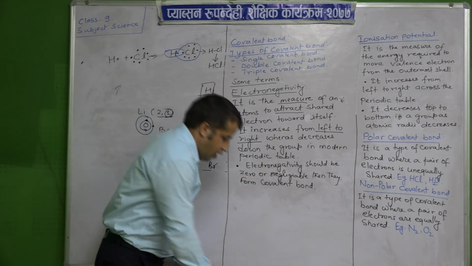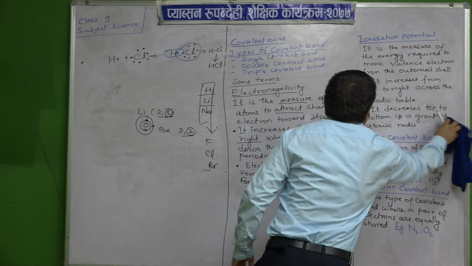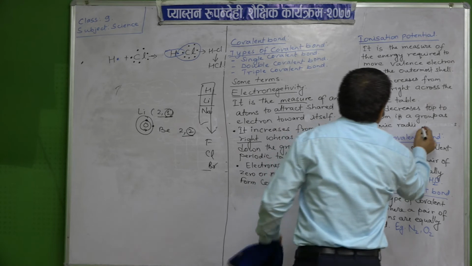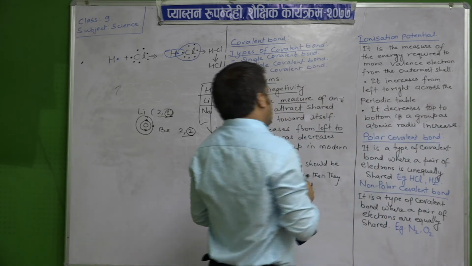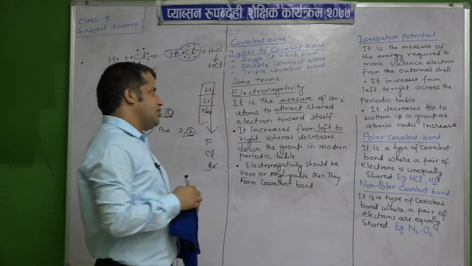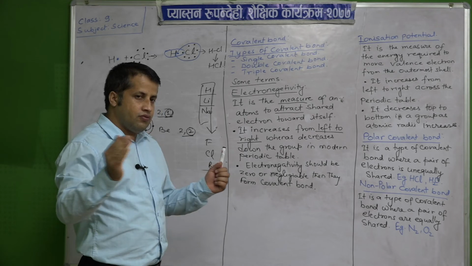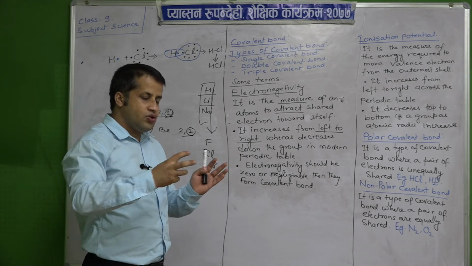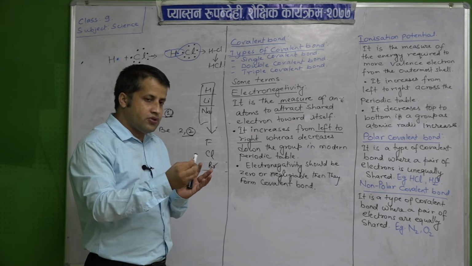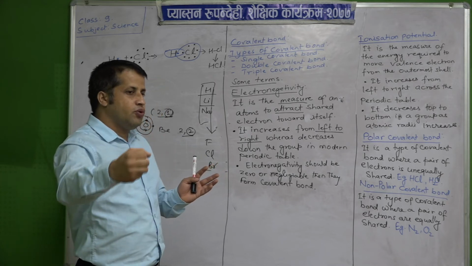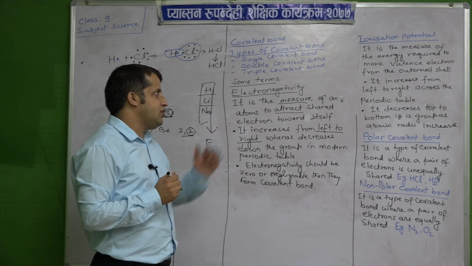What happens when the atomic radii increases? There is a decrease in the ionization potential, because the electrons are very far from the nucleus. Due to more distance, they are held by a weak force and can be easily removed with much less energy. So that is ionization potential.